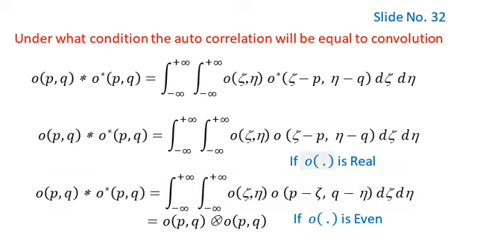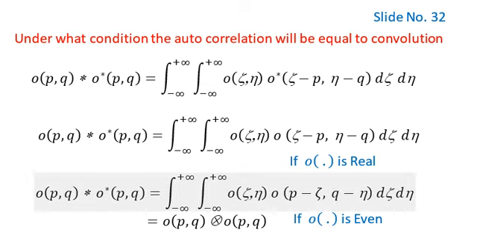In the third integral we have reversed the coordinates, that is zeta minus p has been replaced by p minus zeta, and eta minus q has been replaced by q minus eta, because we are assuming that the object O is an even function. So if it is even, we can reverse the polarities of the functions.